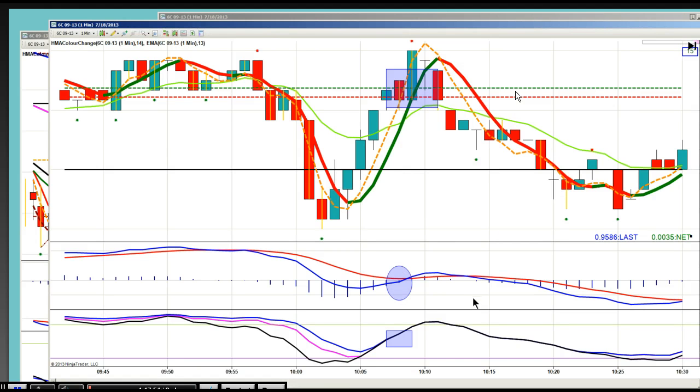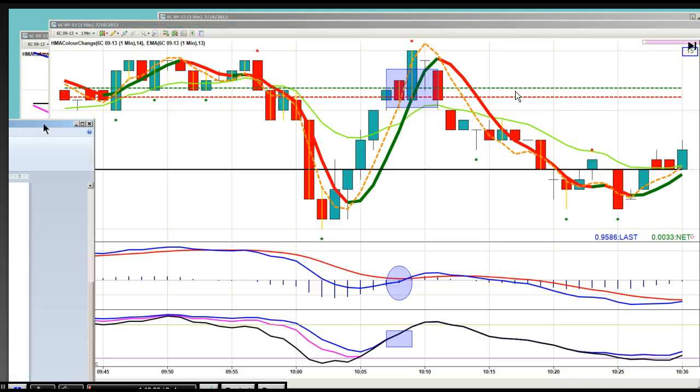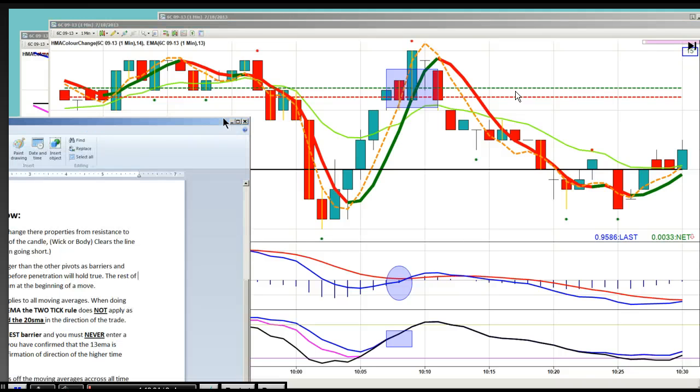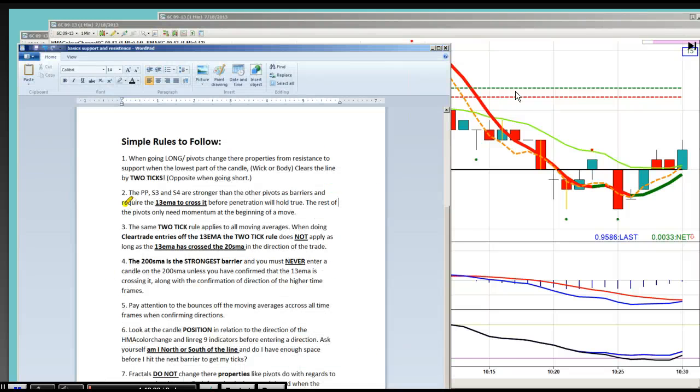However, what's the rule? When it comes to pivots, you must always require the 13 EMA to cross it before penetration will hold true. And the PP is the red pivot.